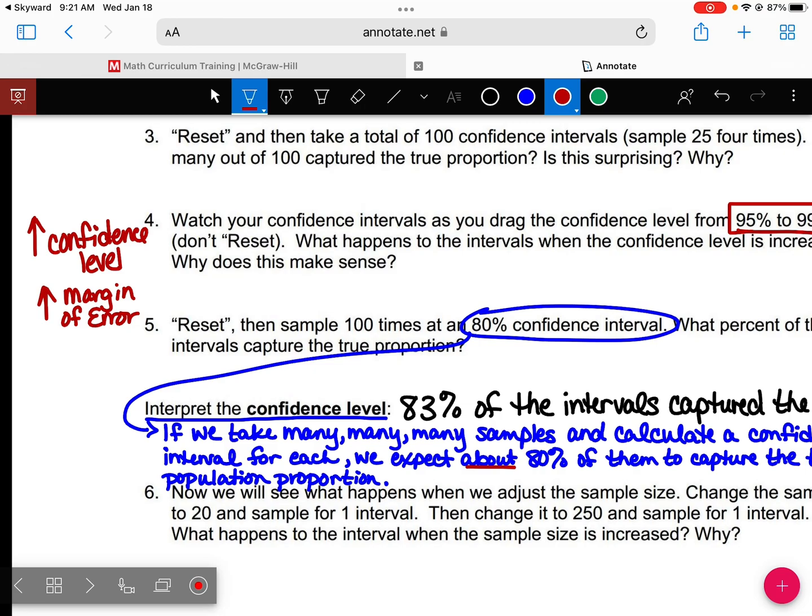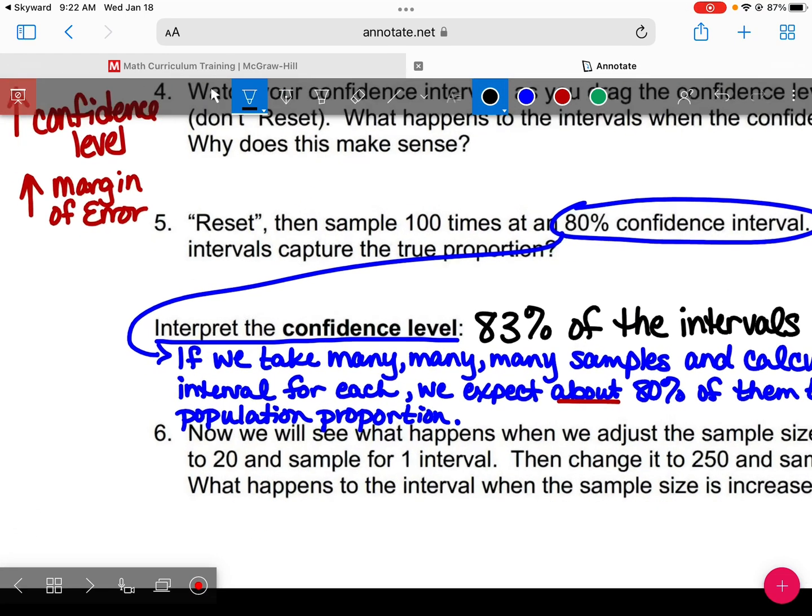What happens when you have a larger sample size? Margin of error got smaller. As my sample size goes up, my margin of error gets smaller. The interval became much narrower.